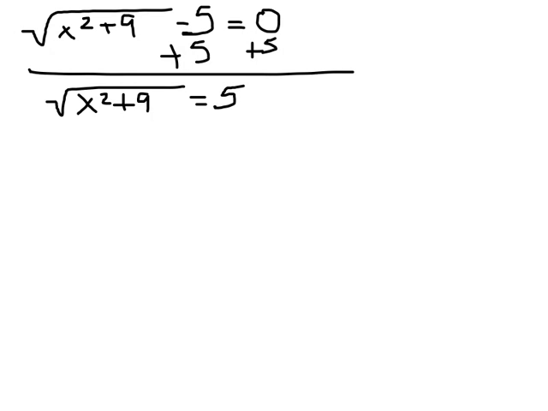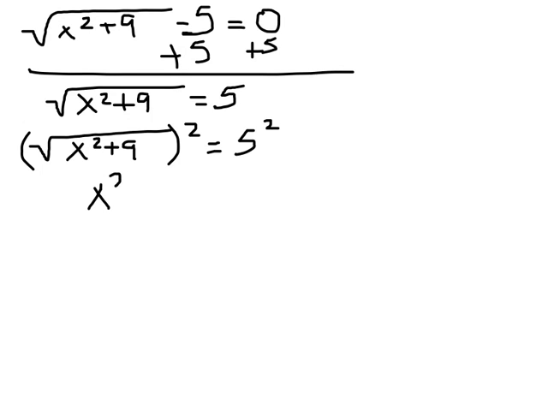Alright, so when we square both of these things, we're going to get x squared plus 9 equals 25.